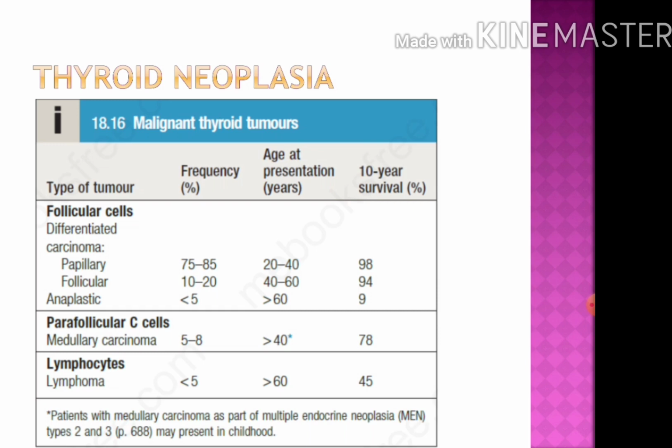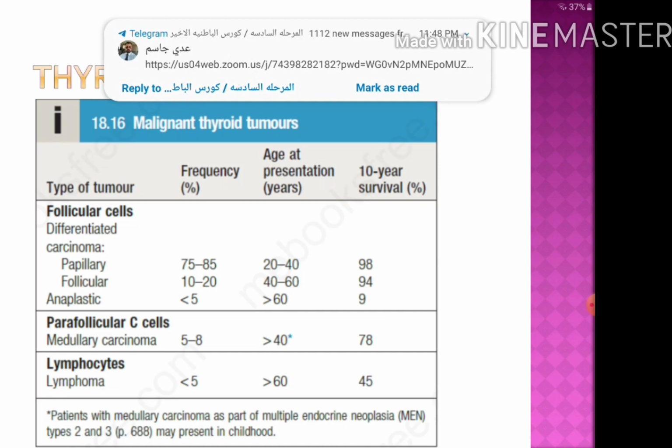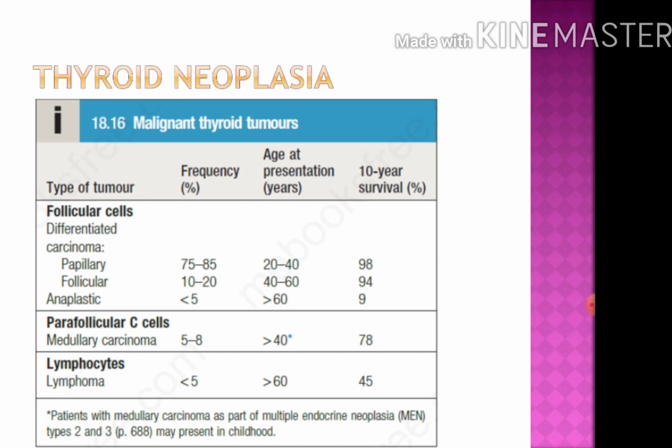Another important subject here is to differentiate the non-functioning adenoma from thyroid neoplasia. Here we concentrate on malignant thyroid tumors, which can be divided into three main categories. Either the tumor comes from the follicular cells, which is either differentiated or undifferentiated like anaplastic. Among the differentiated, the most common is papillary thyroid cancer, or follicular cancer.